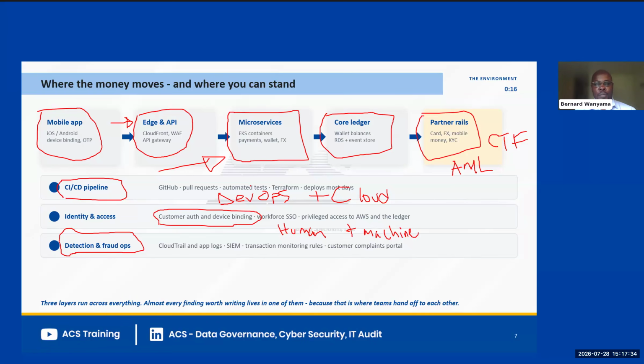We shall look at an Amazon Web Service environment that mirrors this, and we shall be looking for artifacts that can speak to evidence and testing of controls that an auditor would expect in such an environment, whether you are looking at the Edge API, or the microservices, or even just being able to look at the identity and access management layer that is critical in a world of cloud where there's no firewall, and the only perimeter that you now have to work with is identity and access management.